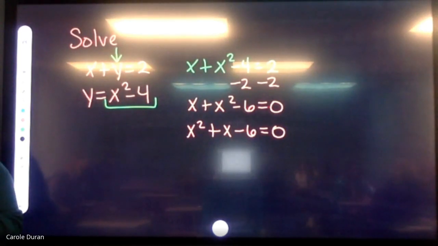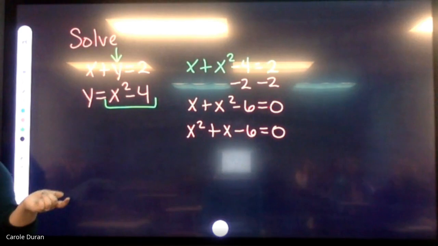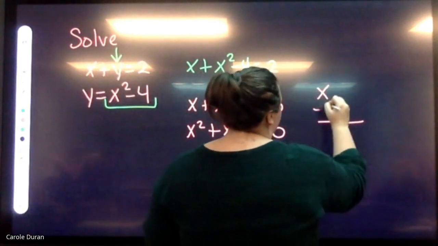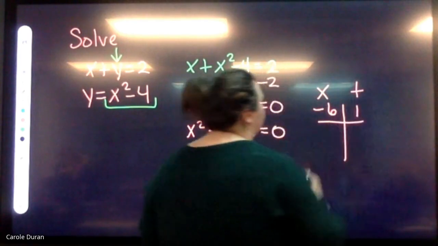This is a quadratic that I can solve either by factoring it or by using the quadratic formula. Which one do you think we need to use? Can we factor this one? Can I come up with two numbers that multiply together to get a negative 6 and add to get a positive 1?